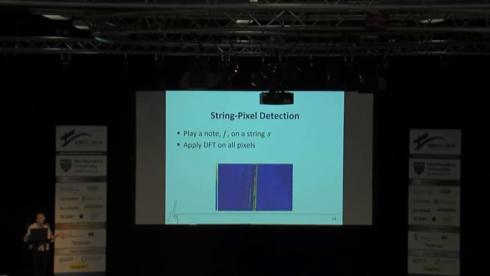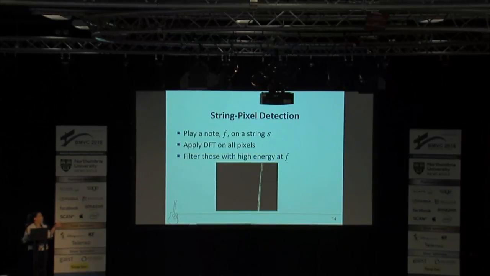Because there's no frequency information there. But for pixels that are near the string, in yellow, as you can see here, there will be high energies for this F. So then we can filter out those pixels with low energies and just keep pixels near the string. We keep a subset of those pixels, and we obtain the signals from each of those marked pixels. So we have multiple signals for each string.